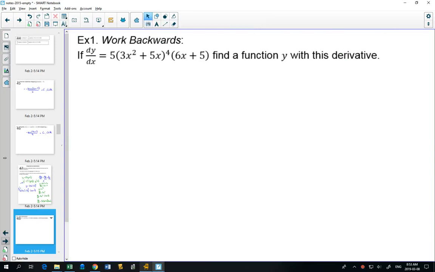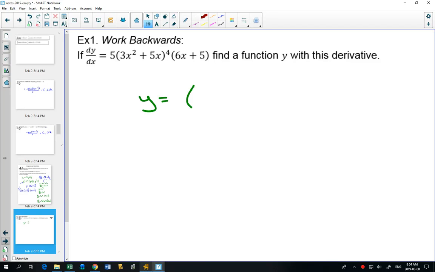Okay? So here were some of the ones that work out easily. And this was a question that was in your notes from before. If you have to work backwards, can you see a chain rule happened? Right? The key is noticing the derivative of the inside function is multiplied afterwards. And this one is so perfect, right?